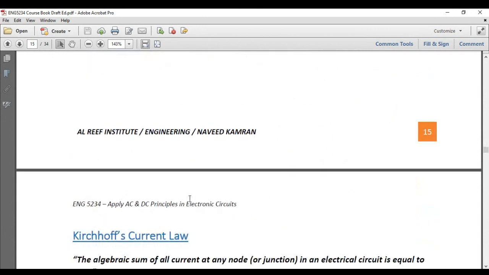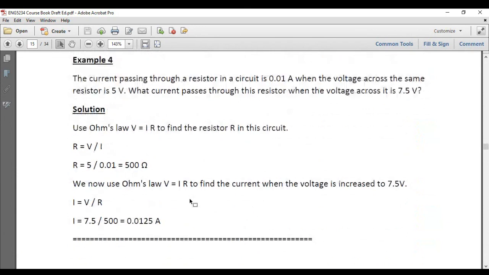Okay, so let's see how many more questions we have. That's the last example. Then I will stop the recording and assign you some work. Example 4: the current passing through a resistor in a circuit is 0.01 ampere when the voltage across the same resistor is 5 volts.